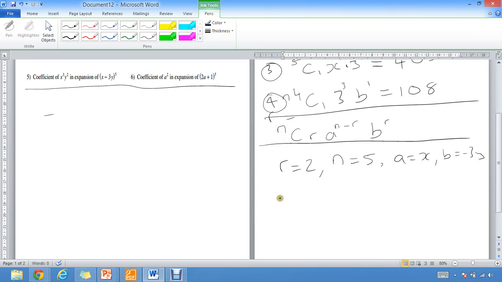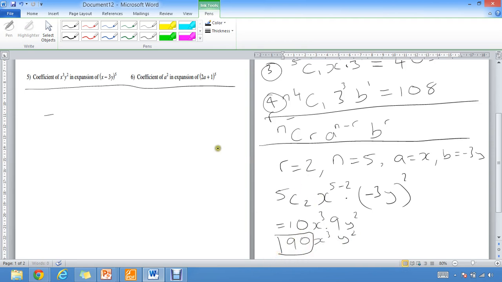So what you're going to have is 5C2 times your x to the power of 5 minus 2, and then times minus 3y all squared. So if you work this out, that'll be 10x cubed times 9y squared. So if you simplify this even more, you'll have 90x cubed y squared. So the coefficient of that will be 90.